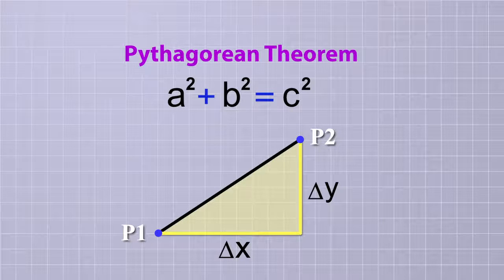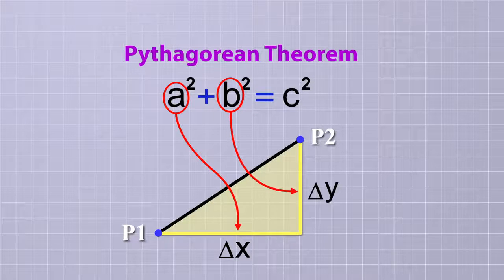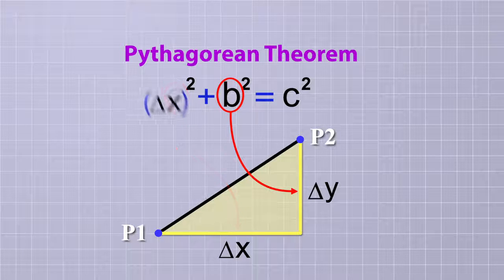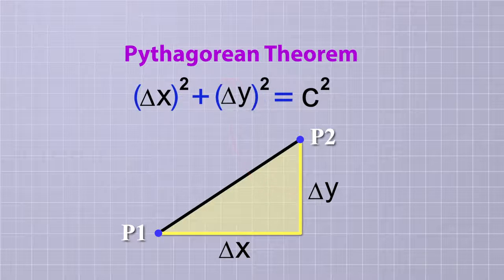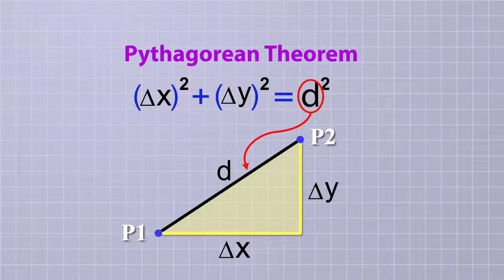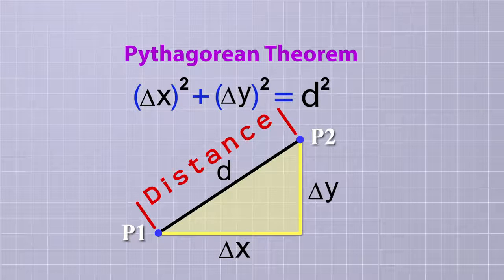You're used to seeing that theorem in this form. A squared plus b squared equals c squared. Since a and b are the lengths of the horizontal and vertical sides, we can plug in delta x and delta y instead. And instead of c squared for the hypotenuse side, let's use d squared because the length of the hypotenuse equals the distance between our 2 points.